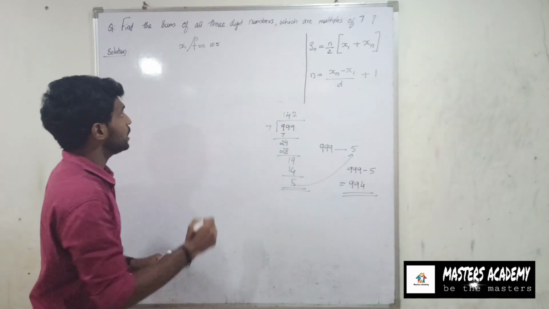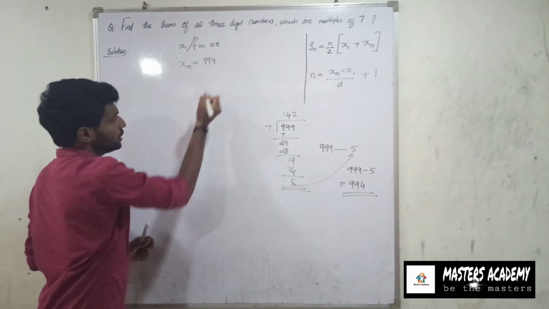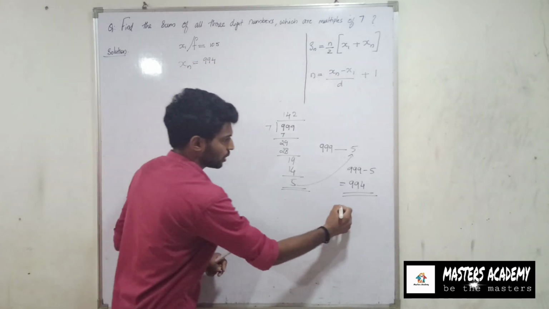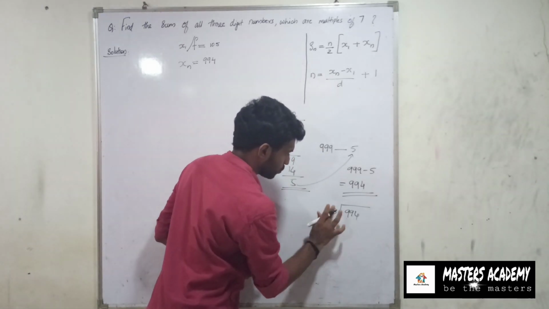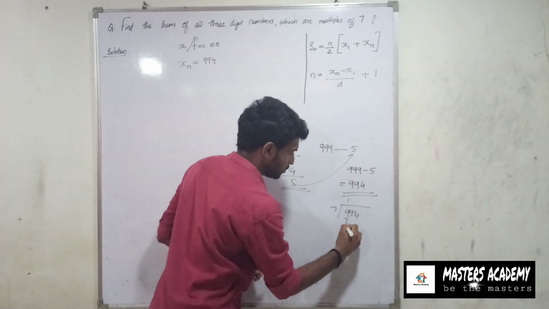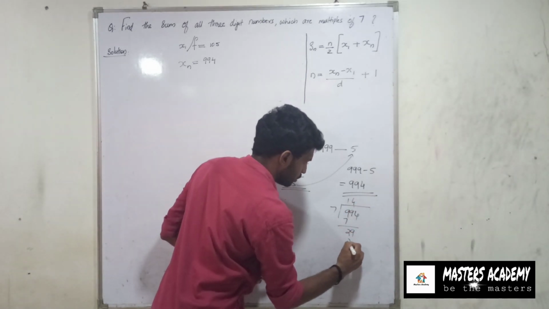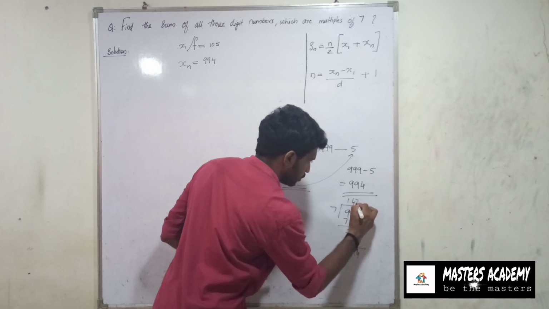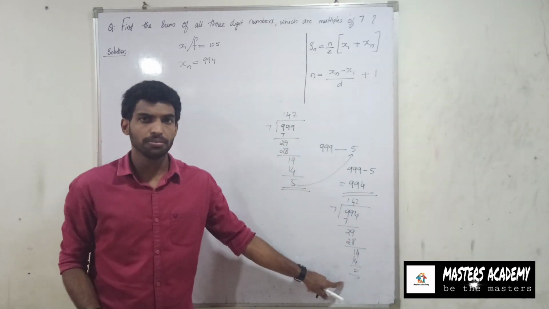This is the last term, xn equal to 994. If you want, you can check. For better understanding, I will check here. Dividing 994 by 7: 1 times 7, 28, 4 times 28, 14, 2 times 14, 0. You can see that the remainder becomes 0.